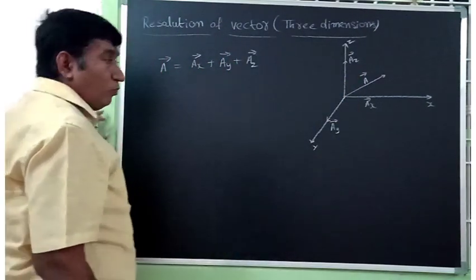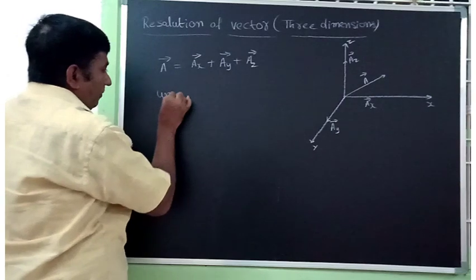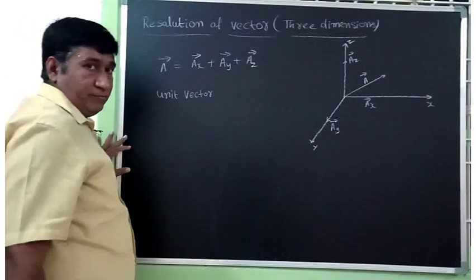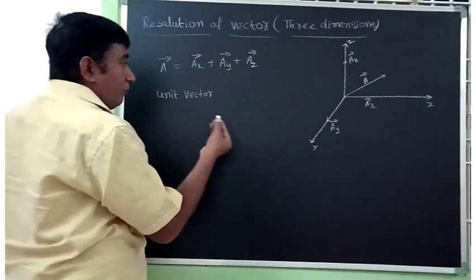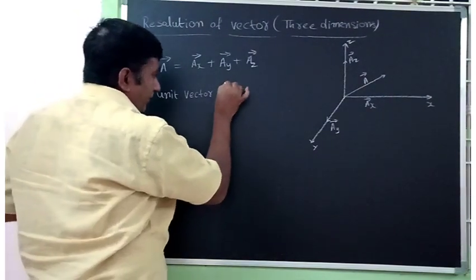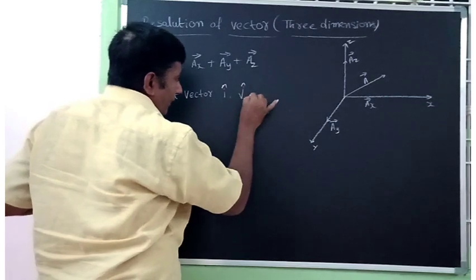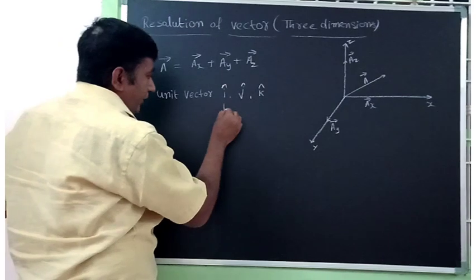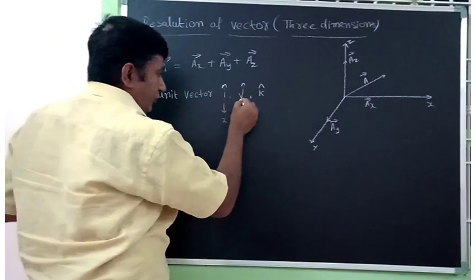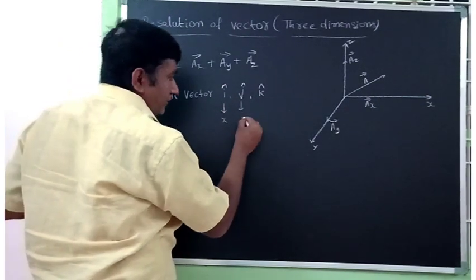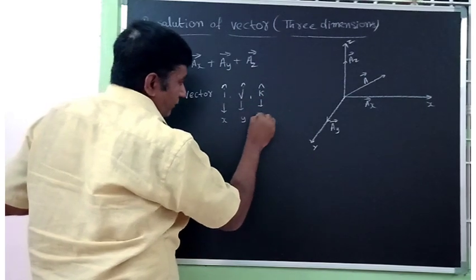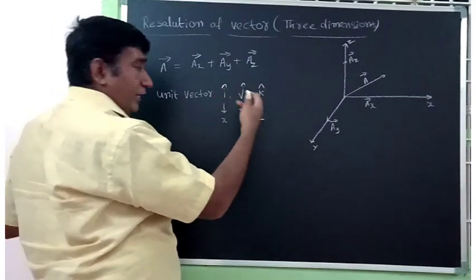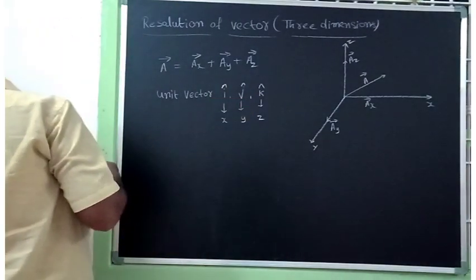In this case we are using unit vectors. The unit vectors we are using are i cap, j cap and k cap. This i cap represents along the x-axis, this j cap represents along the y-axis, and this k cap represents along the z-axis. By default we are taking i cap, j cap and k cap.